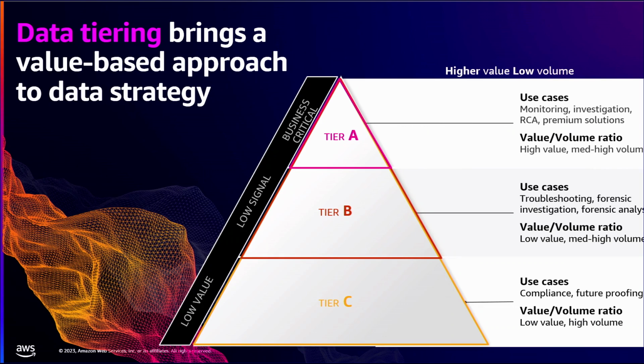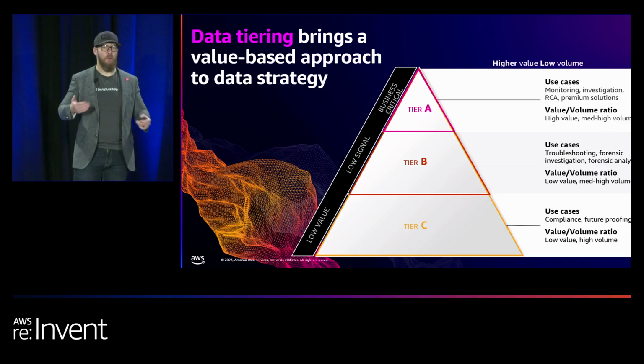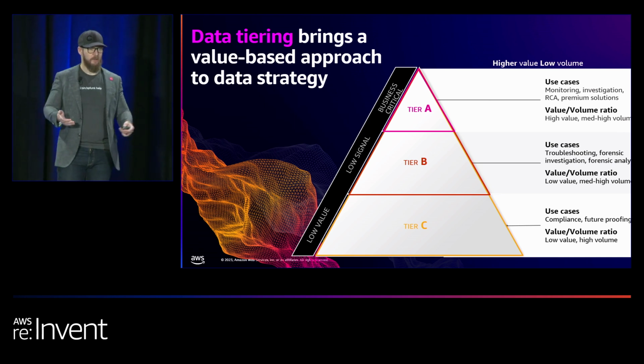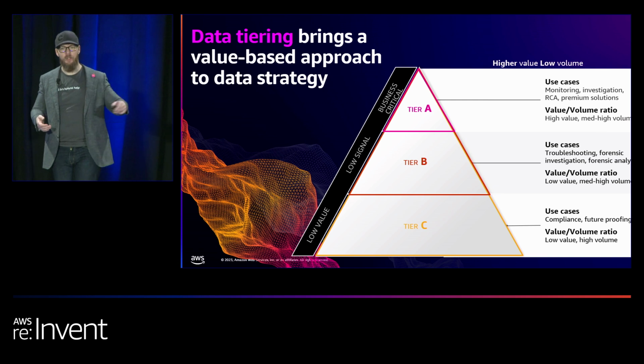So data tiering approaches are really kind of common regardless of what your hybrid environment is. So use an ABC model to determine how important that data is and where it should live in your environment. So A tier, business critical. You know, if your CTO talked about it in your 10K release to your stockholders, that's a high priority use case.